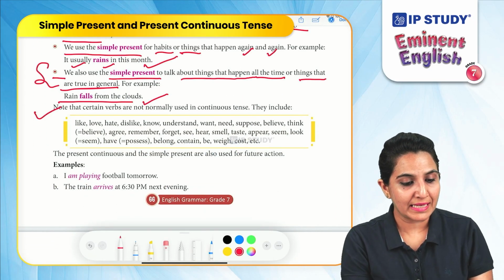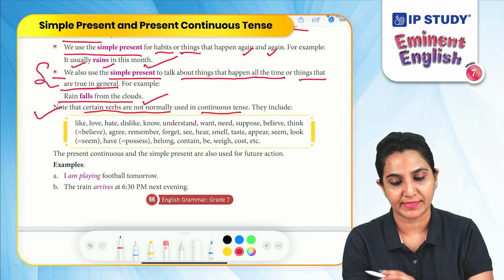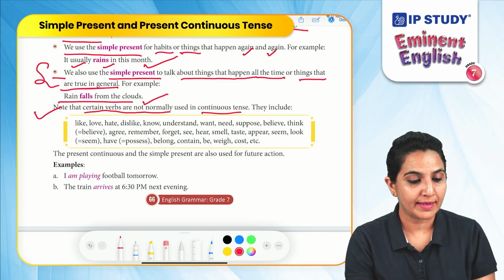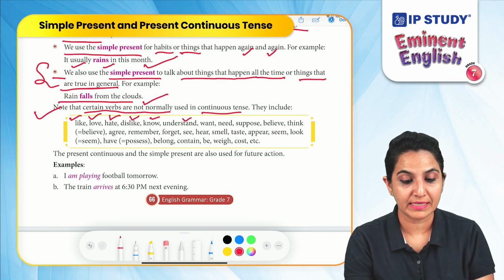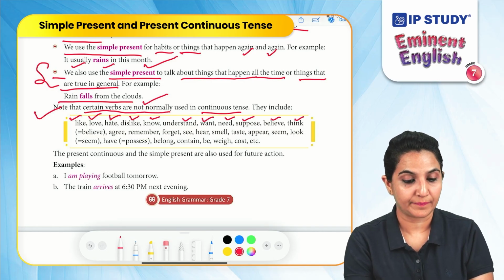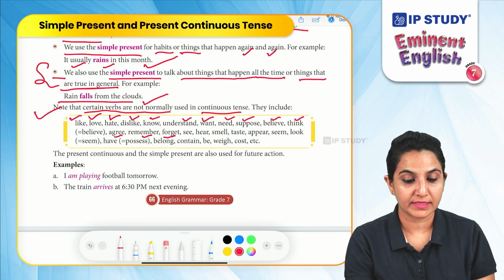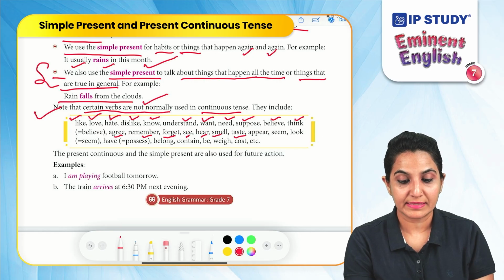Note that certain verbs are not normally used in continuous tense. They include like, love, hate, dislike, know, understand, want, need, suppose, believe, think. Agree, remember, forget, see, hear, smell, taste, appear, seem, look.